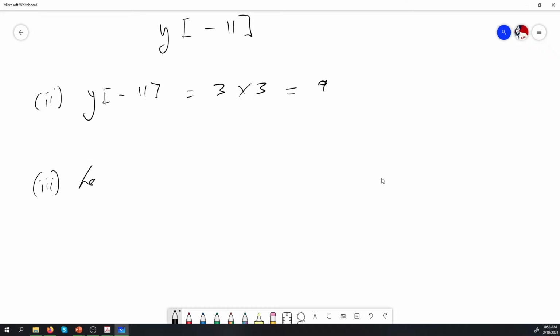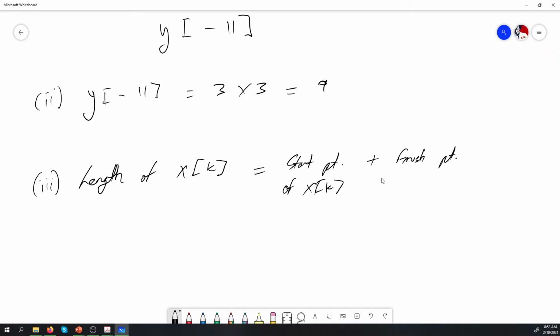So the length of our x of k sequence is going to be equal to our start point of x of k plus our finish point of x of k plus 1, because you need to consider that part where we go across the 0 value on the x-axis.